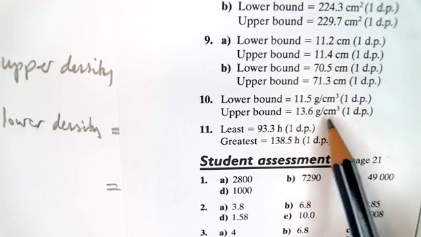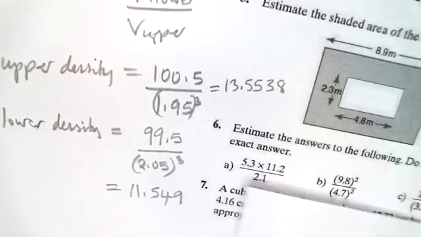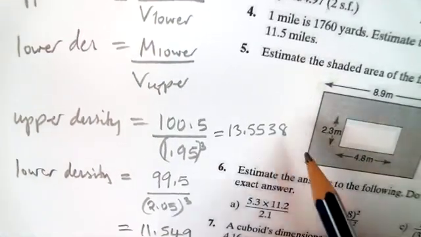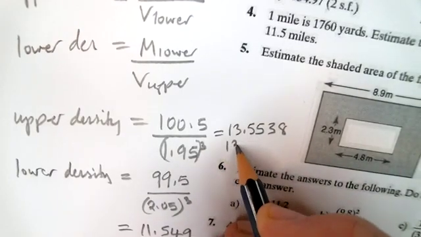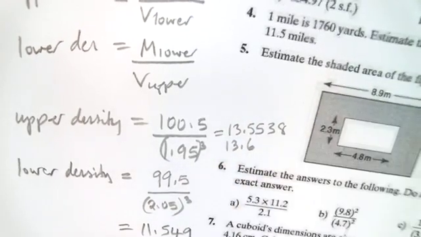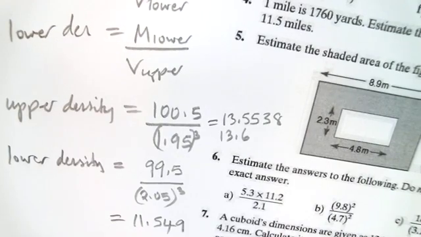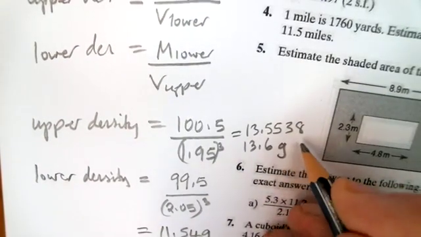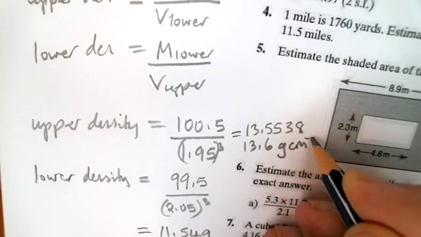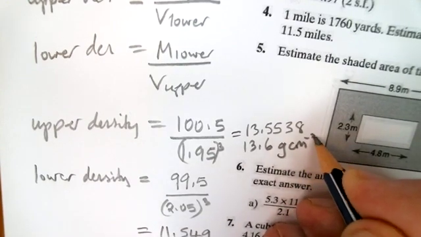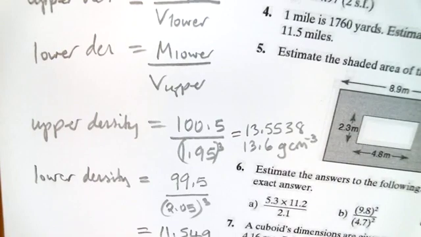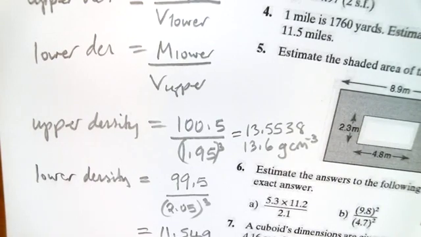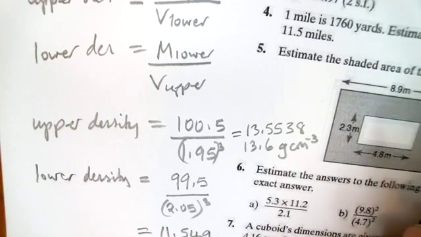Oh, they want it to 1 dp. So 1 dp would be 13.6. And you can put in the units as well, which is grams per cubic centimetre. I'm going to write it as grams per cubic centimetre to the negative 3. It is cubic, of course it is, yeah.